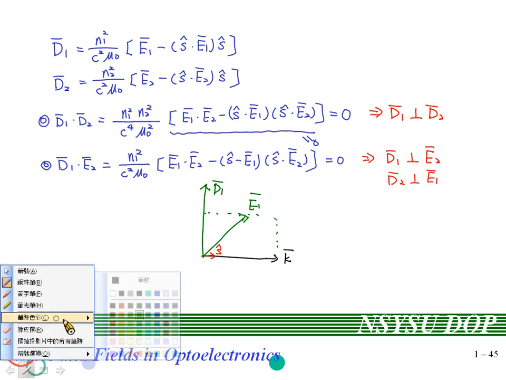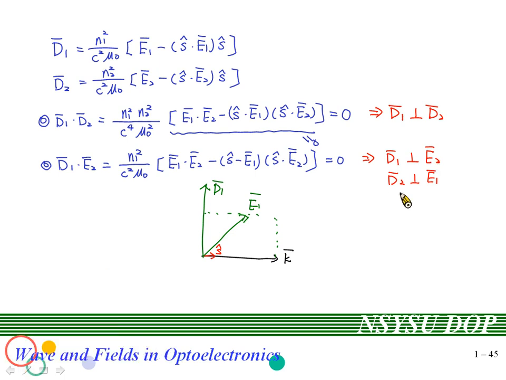So I have to plot a vector D2 which is normal to D1 and also normal to E1. So the D2 should be in this direction, which is normal to the plane in green. And we have D2 here, and clearly E2, D2 and K should be in the same plane.